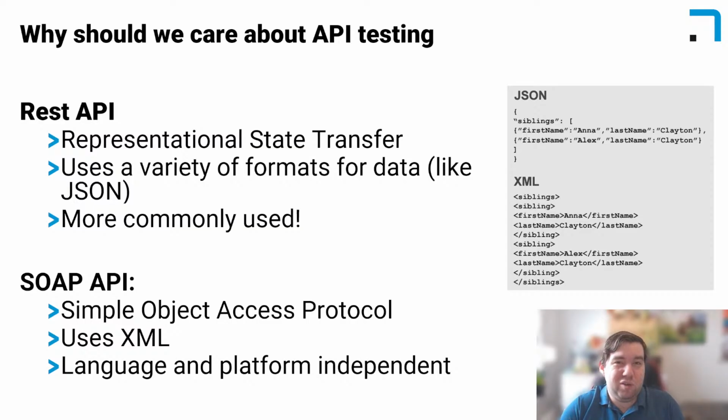I would say SOAP isn't used as much anymore. REST API is a little newer and I'd say more capable, as well as just more friendly to use. But both are important to at least be familiar with and how they work. But since REST API is more commonly used, and I'd say it provides an easier understanding point, let's talk about REST API and go into some details about it.